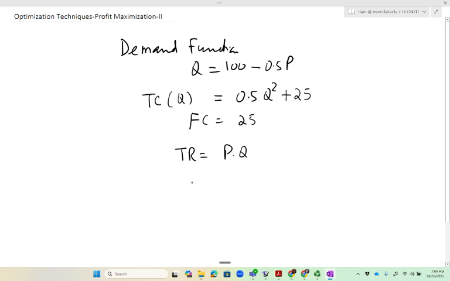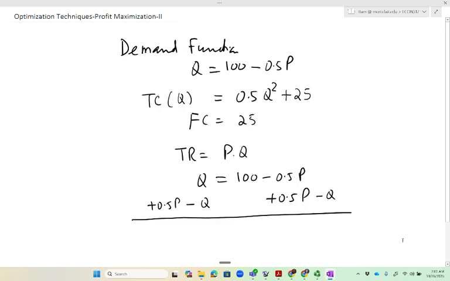So let's change the demand function to inverse demand function. I have Q equal to 100 minus 0.5p. I need P on the left hand side, Q on the right hand side. So I can add 0.5p to both sides. And then I don't need Q on the left, so I subtract Q from both sides.